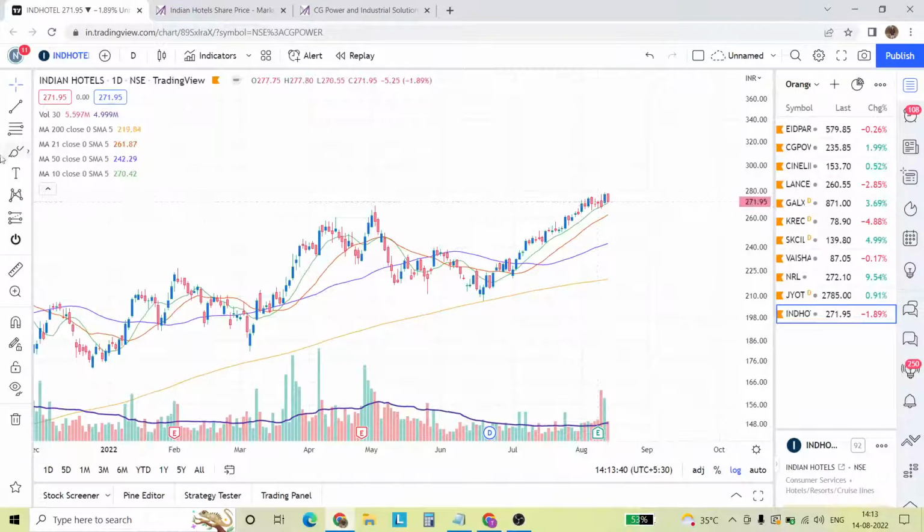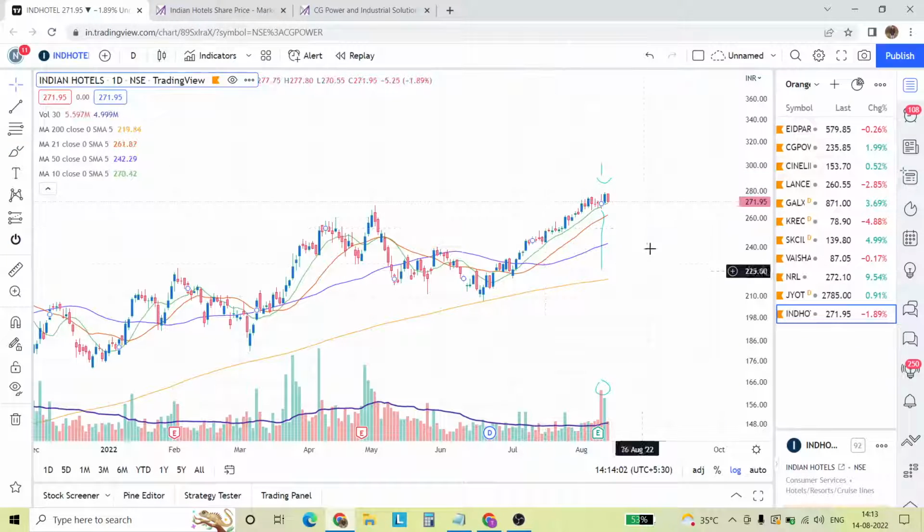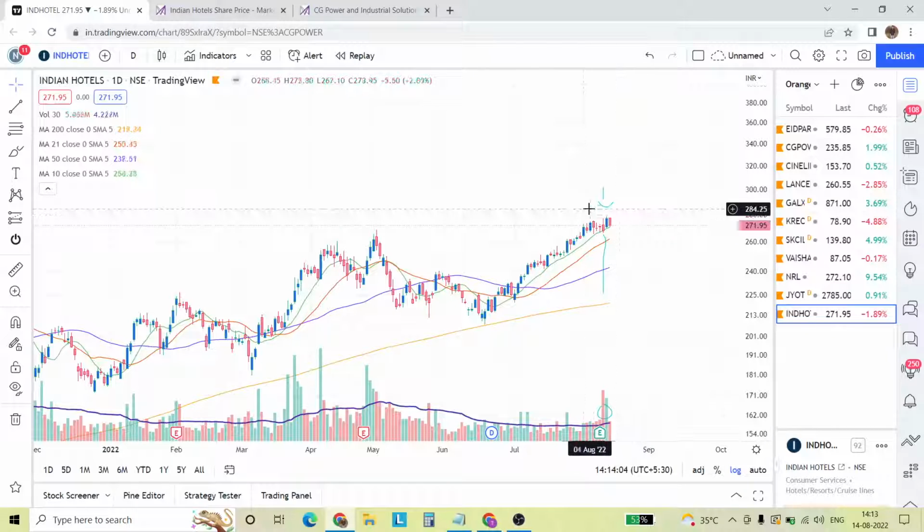Okay, I'm adding this, but I don't know, I'm a little confused. No, I'm not going to add it, because look at this volume. That's a huge volume, and it's a downward pressure candle, as you can see here. So definitely there is some supply. We want to trade in a stock where there is no supply.